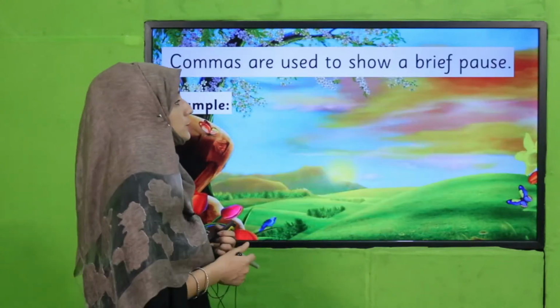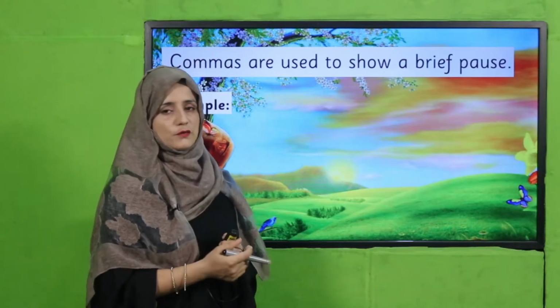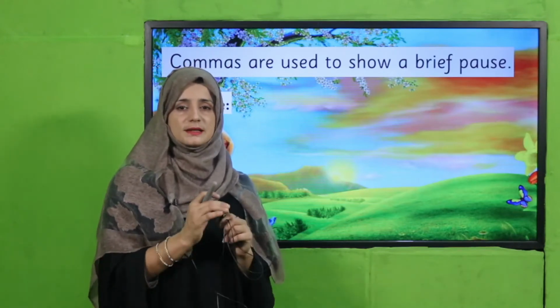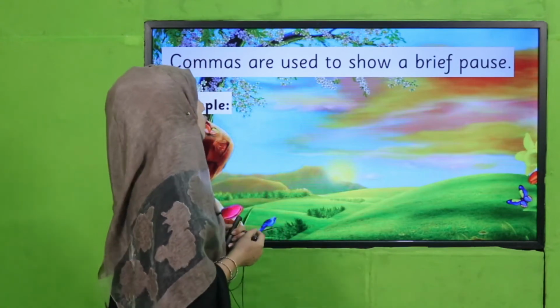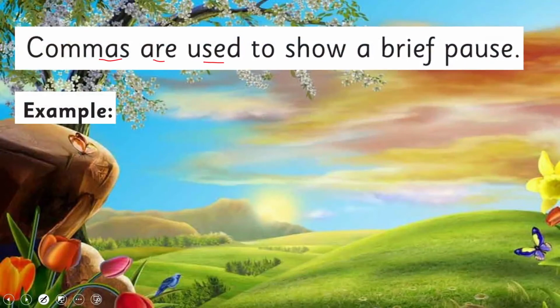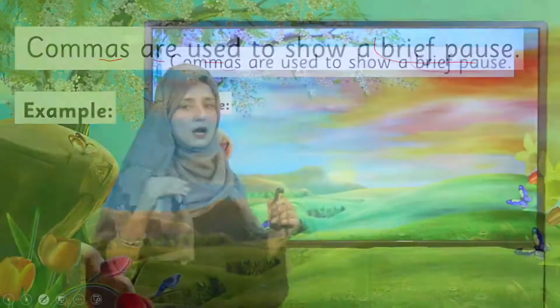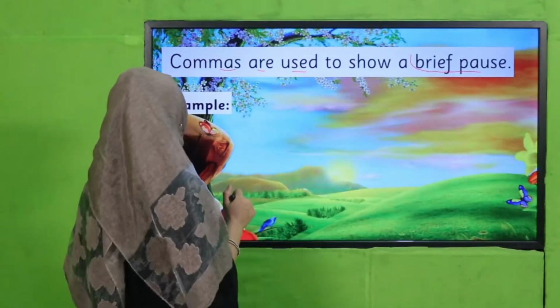Yes, commas are used to show a brief pause. One use of comma is that we have to segregate the series of items in a sentence. And the second is that commas are used to show a brief pause. Brief pause means a slight pause. When there is a long sentence, we have to show a brief pause. Example is there.